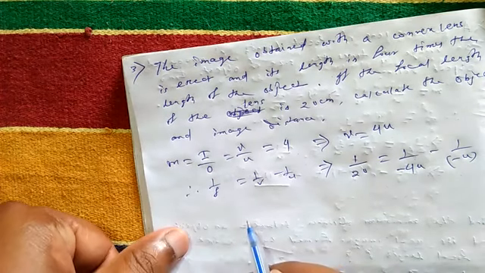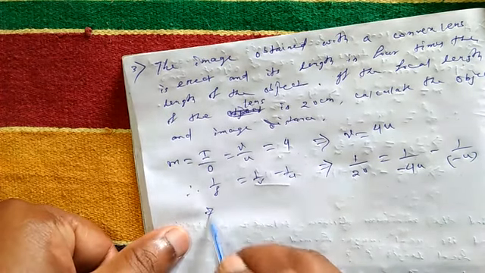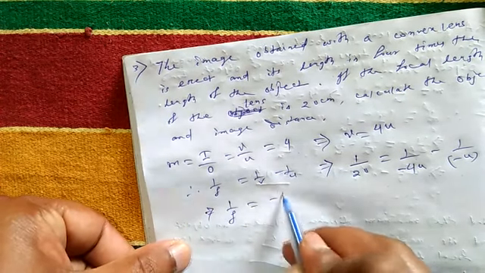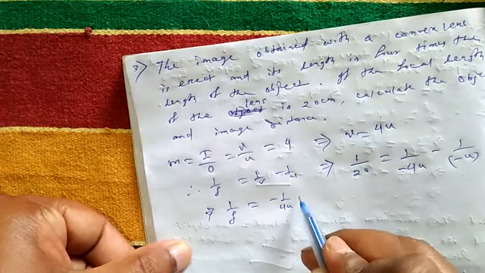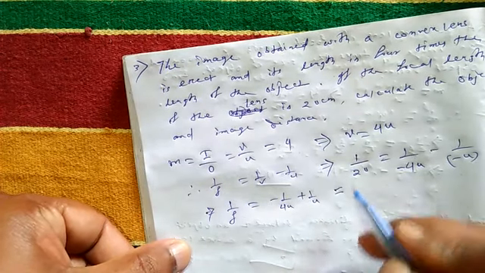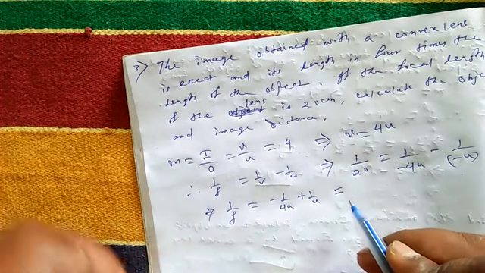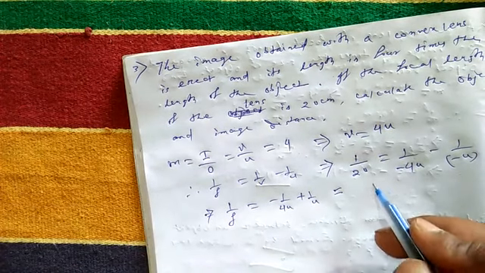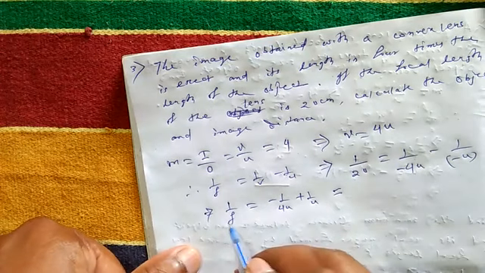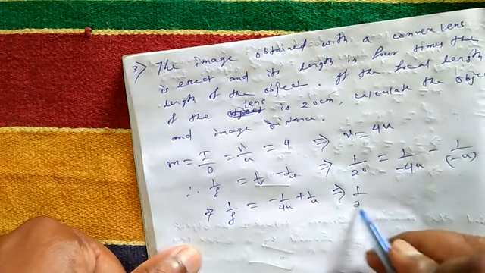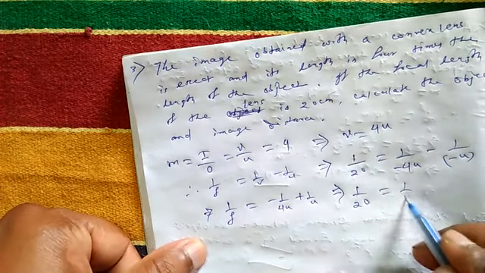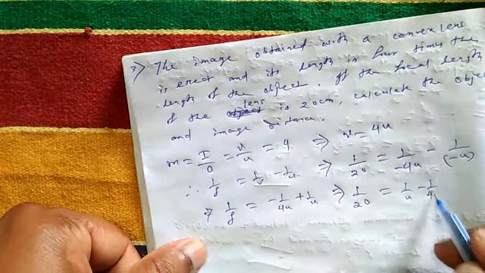So we get 1 by F is equal to minus 1 by 4U plus 1 by U. This is equal to 1 by 20, which implies 1 by 20 is equal to 1 by U minus 1 by 4U.